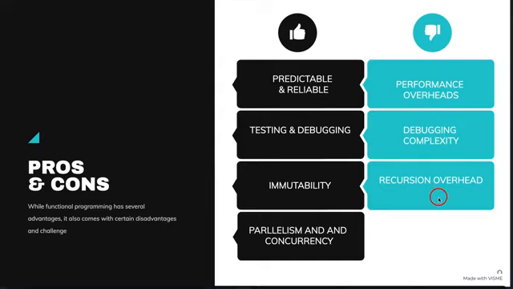Coming to recursion overhead, while recursion is a powerful technique in functional programming, excessive use of recursion can lead to stack overflow errors, which can be difficult to handle. So these are the advantages and disadvantages of functional programming languages.